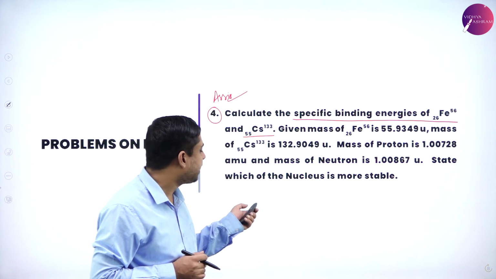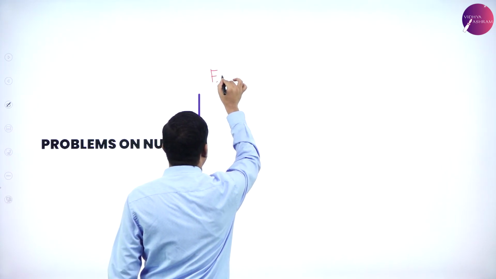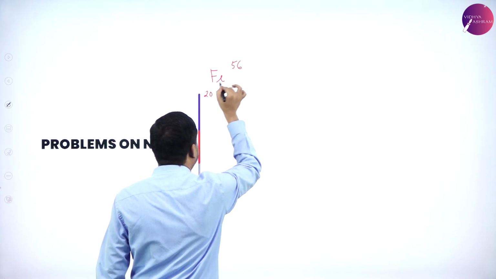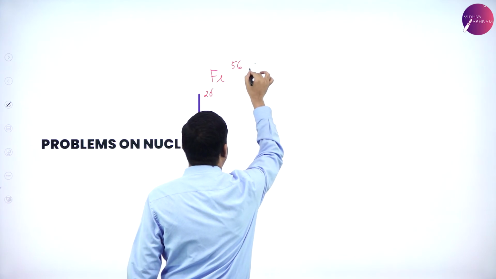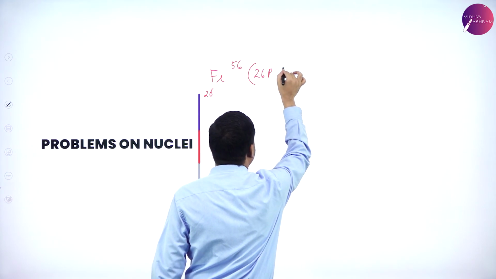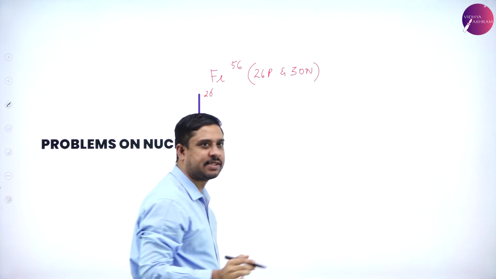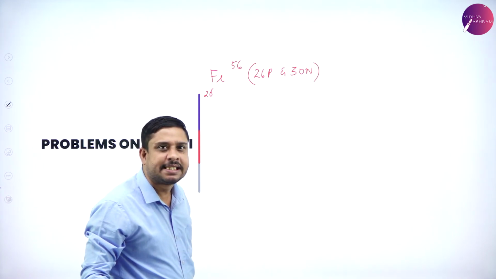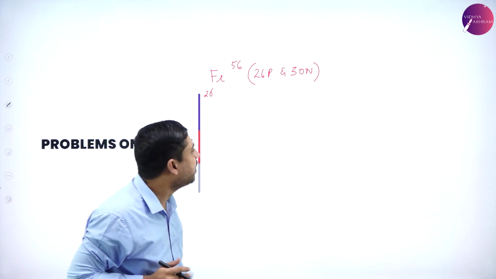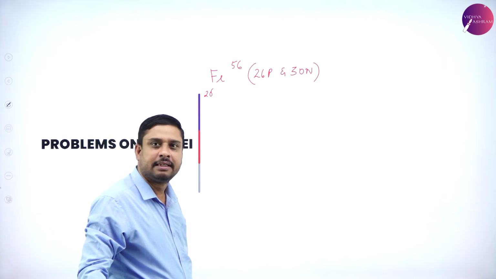First, we will calculate it in the case of ferrous 56, 26, which means there are 26 protons and 30 neutrons. 26 protons is the atomic number, the charge number. 56 minus 26 is 30 neutrons.